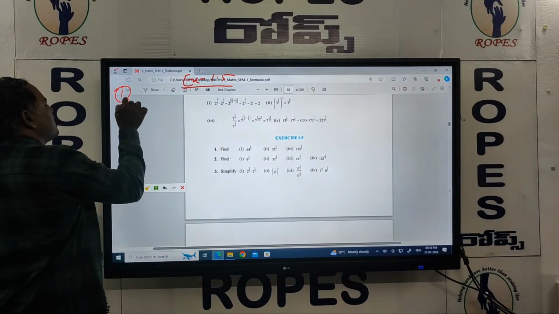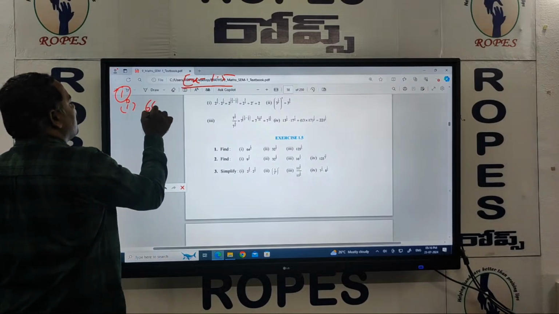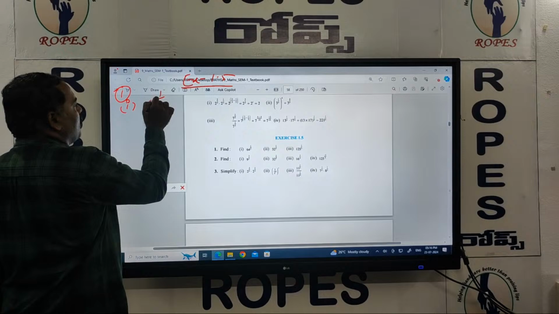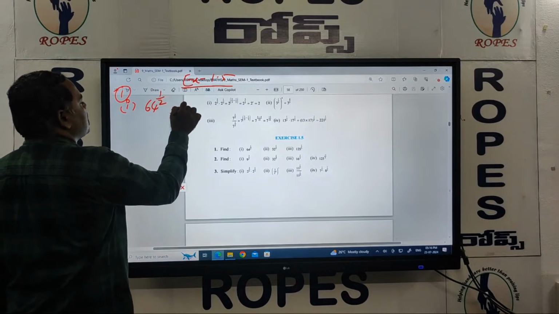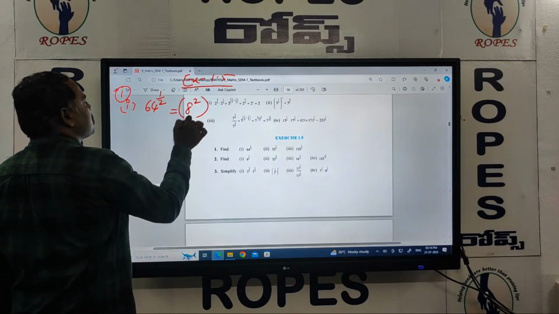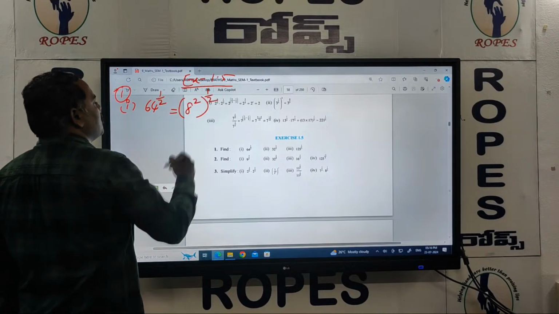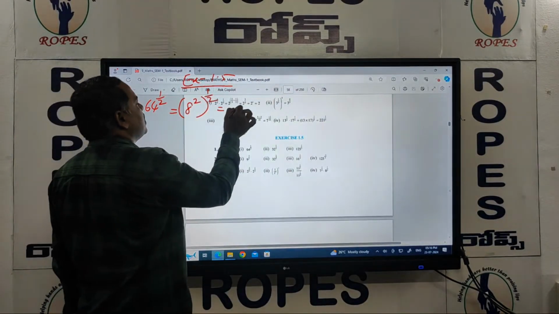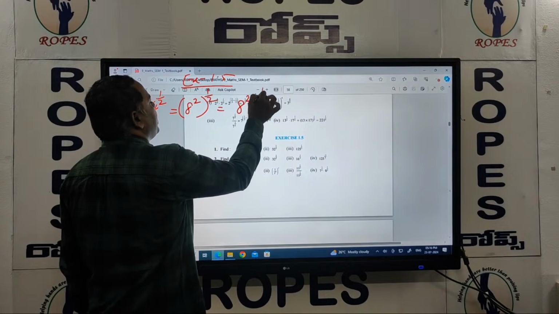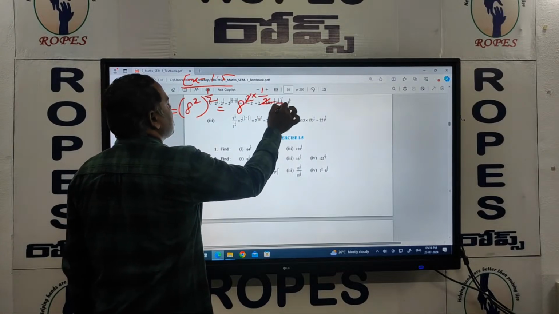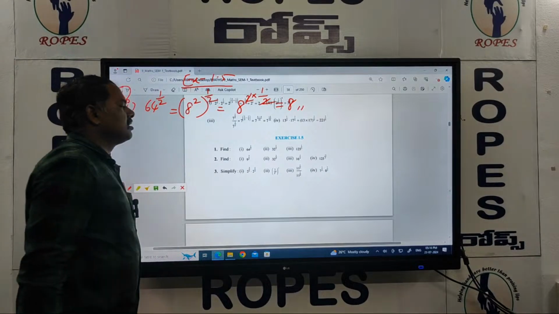In the first part, 64 power 1 by 2 is given. 64 we can write as 8 square, 8 power 2 whole power 1 by 2. That we can write as 8 power 2 into 1 by 2. The 2 gets cancelled. The answer is 8.